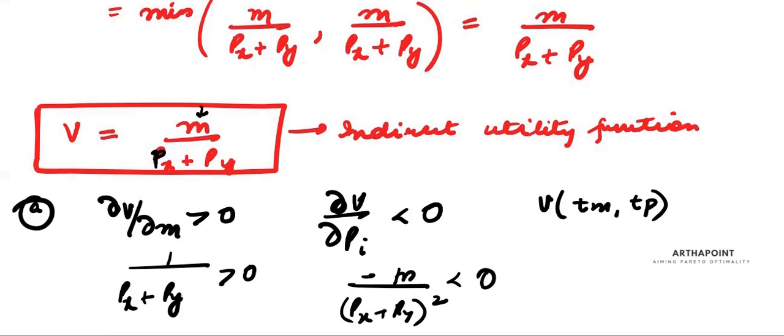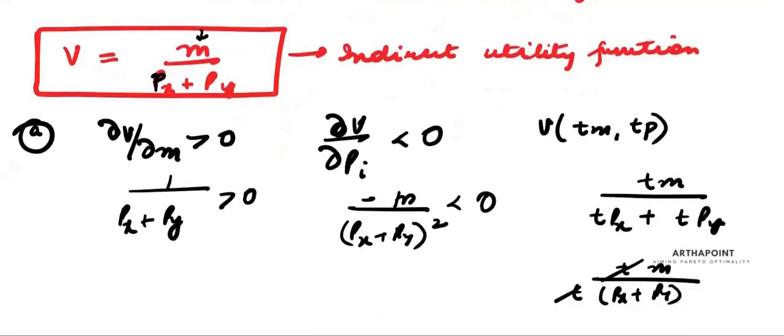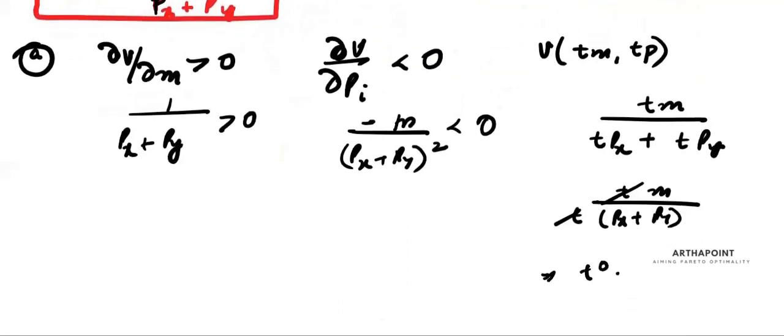Here when you multiply, instead of m, you write tm. Instead of px, you write tpx. Instead of py, you write tpy. You can take t common. So this is simply t to the power 0 into the initial function. So therefore it is of degree 0.